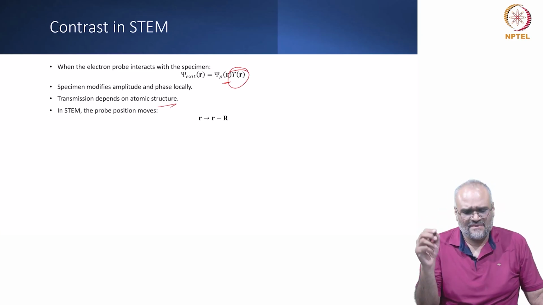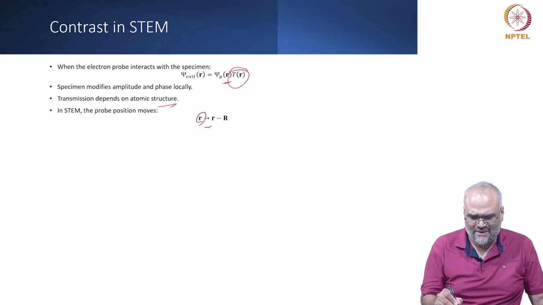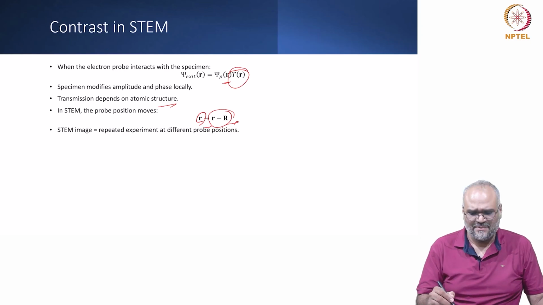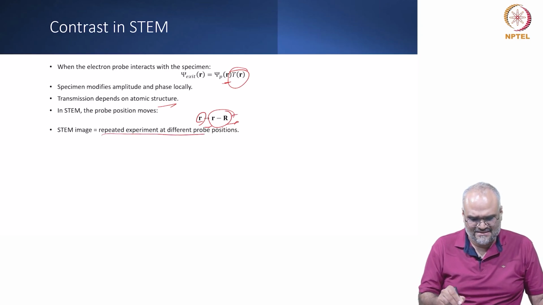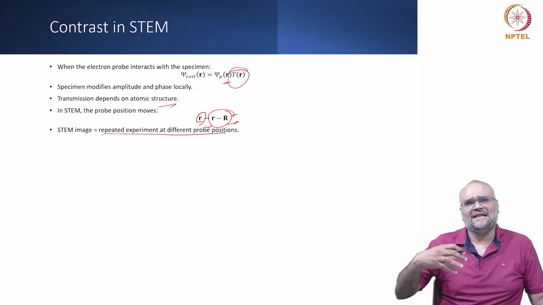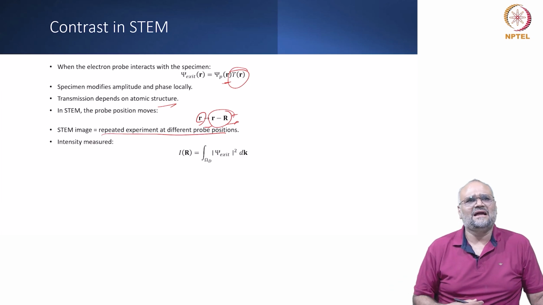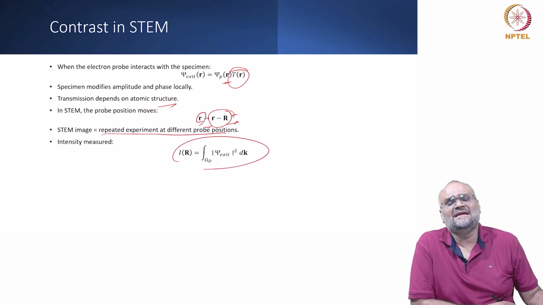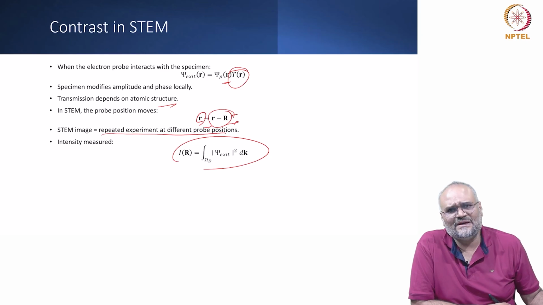So in STEM, when the probe position is moving, if I account for the deflection with a translation vector r minus R, the STEM image is obtained by collecting all these together, and the intensity is given by an area integral of the exit wave.